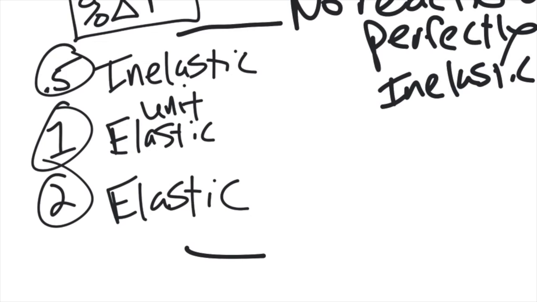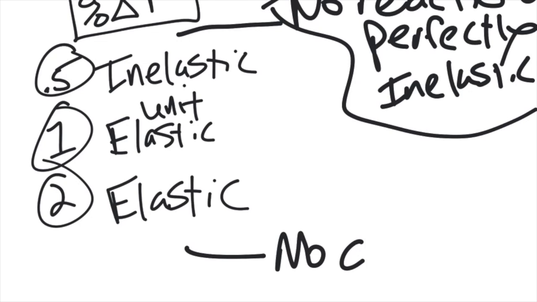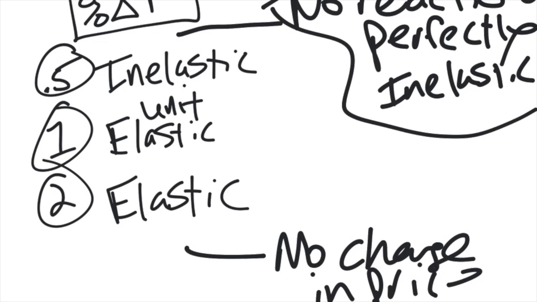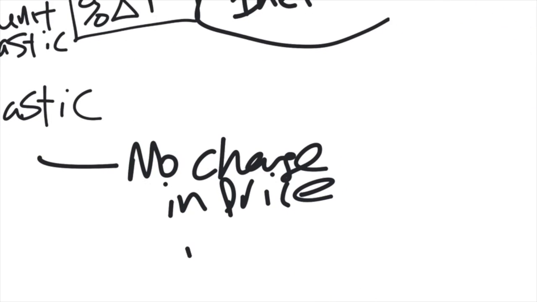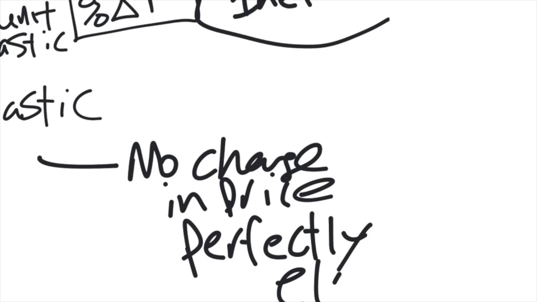So we had no reaction in quantity up here, and down here we have no change in price. We would call that perfectly elastic. So that was the other extreme. Okay, so those values were important for us to remember.